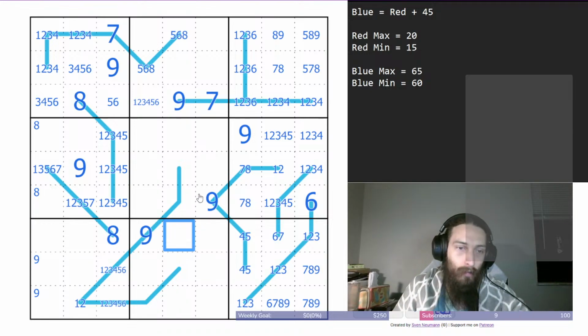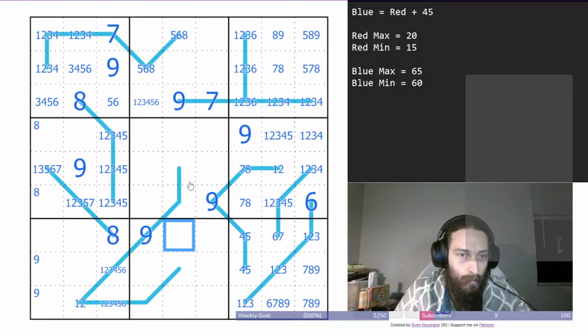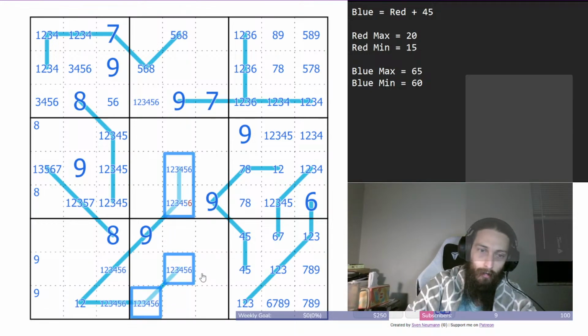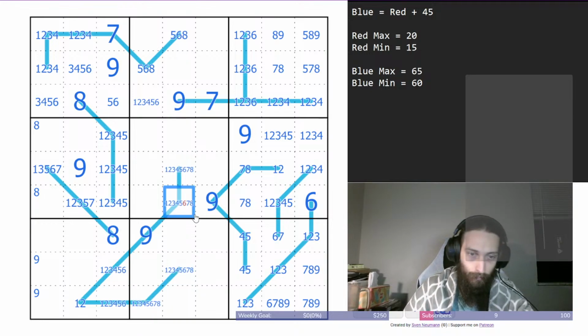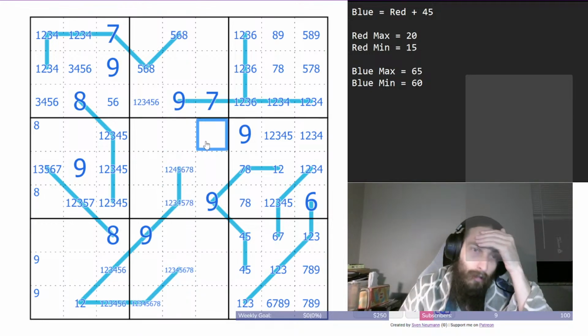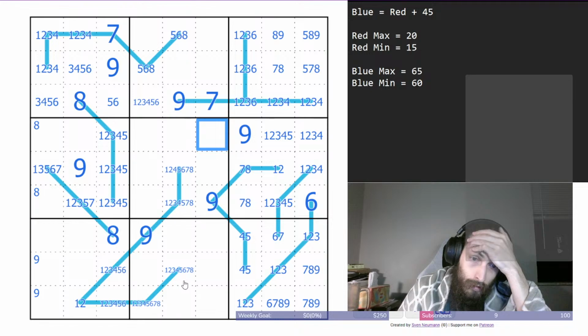What are we missing? We know that these sum to 9. No 6, so no 3. That doesn't seem to be restricted that much.